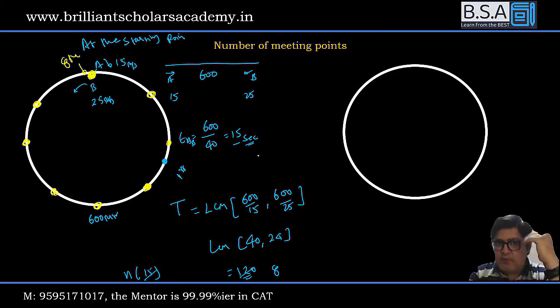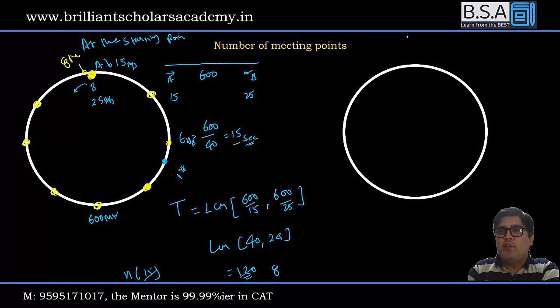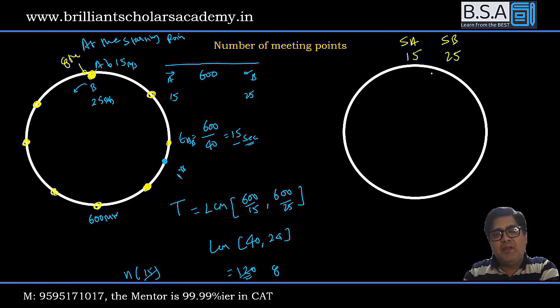Now, all of this proof is a theoretical approach. The more practical approach is, see, the length of the track does not matter. Speed of A is 15. Speed of B is 25. The ratio between their speeds is 3 and 5.